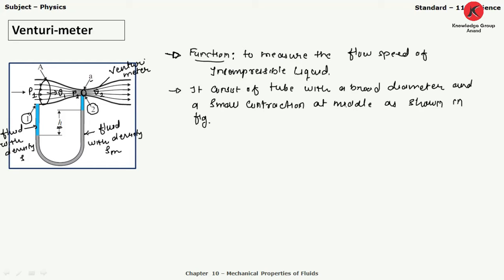Right. Here we can see the broader diameter will be like this. Here it is, and the small contraction will be at the middle of this Venturi meter.